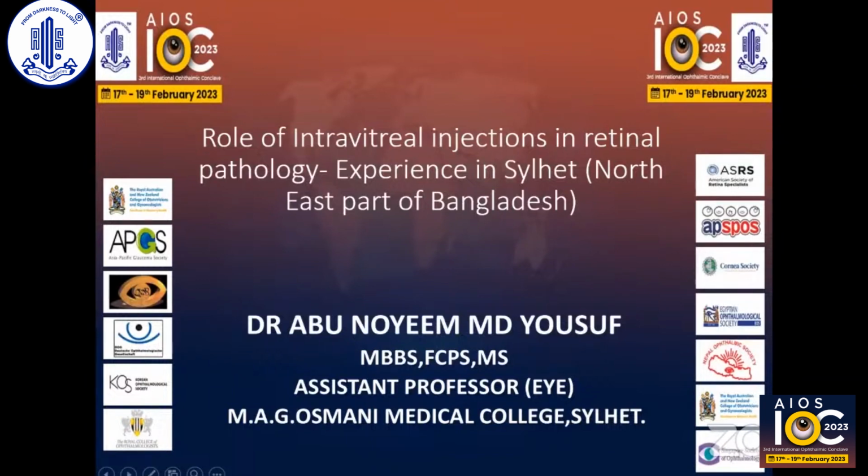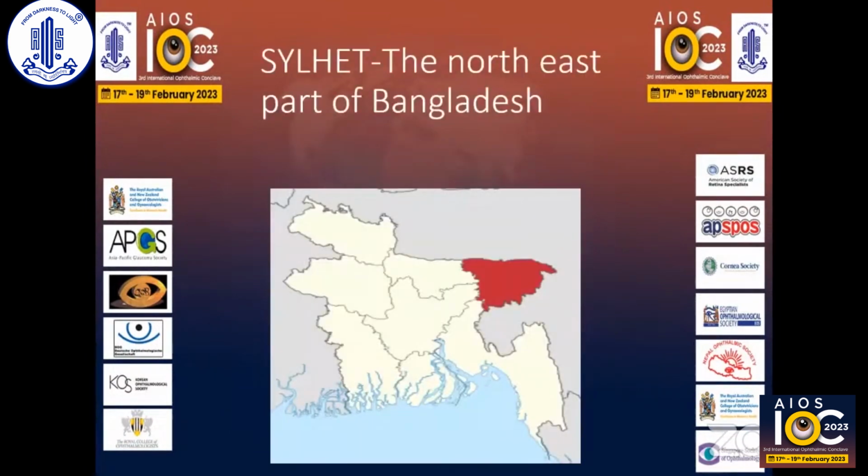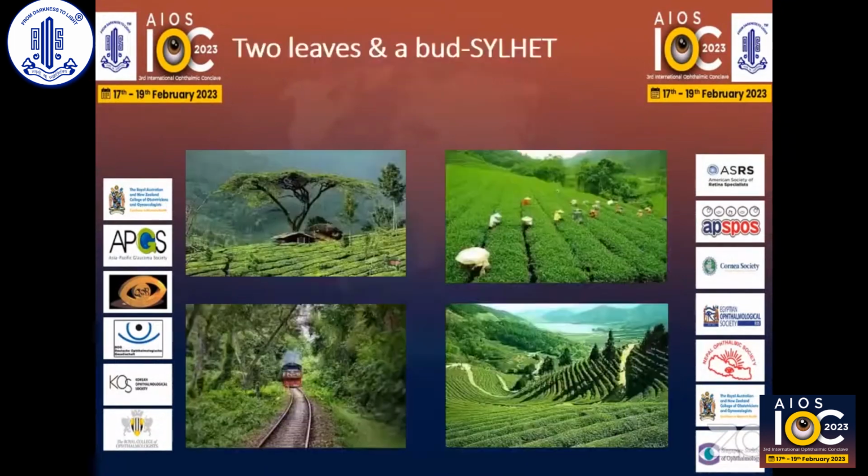Assalamu alaikum. I, Dr. A.N.M. Yusuf from Sylhet, is presenting the role of intravitreal injections in retinal pathology, my experience in Sylhet, the northeast part of Bangladesh. This is the part of Sylhet you see here in the red color. These are the beautiful sceneries of Sylhet.